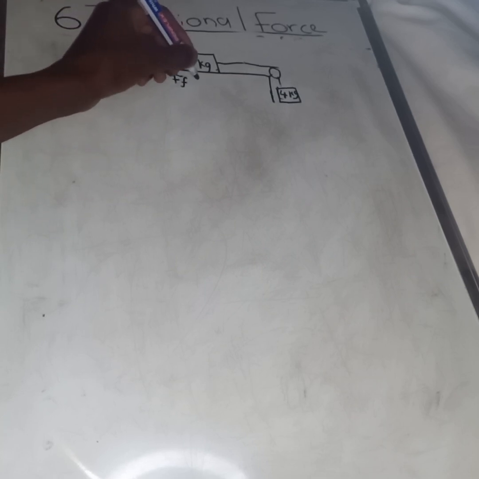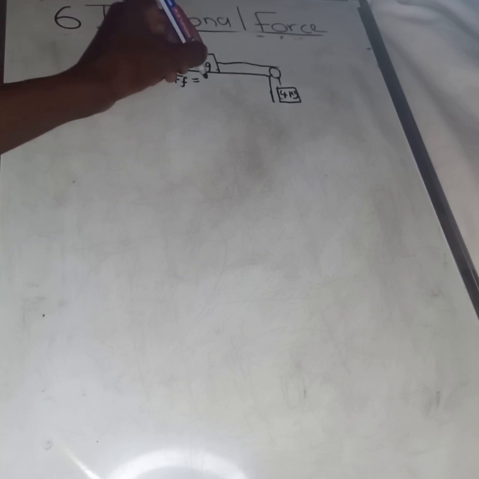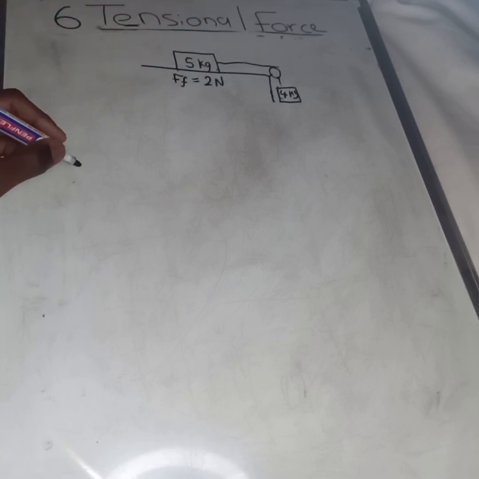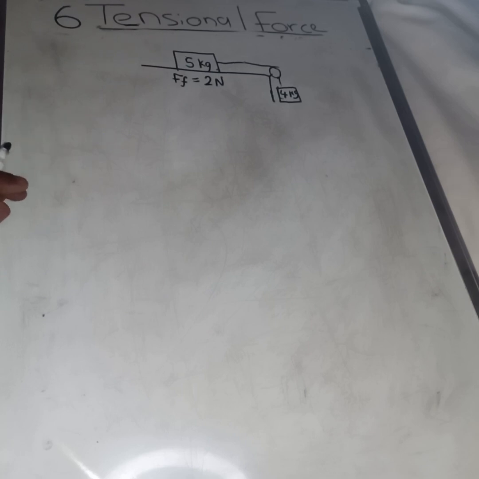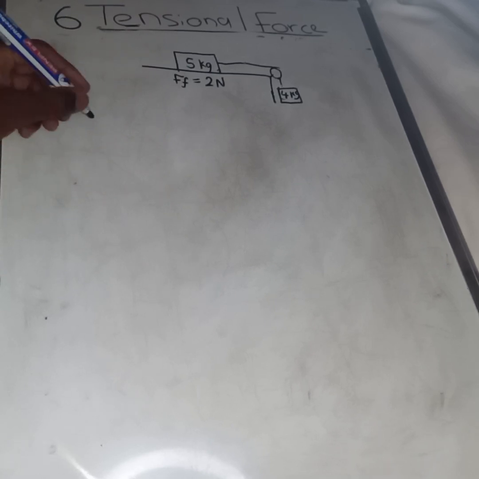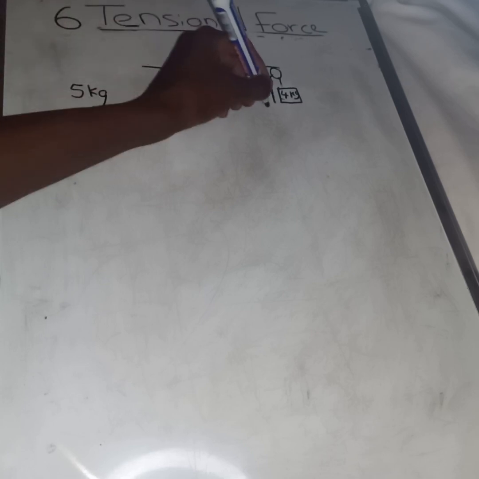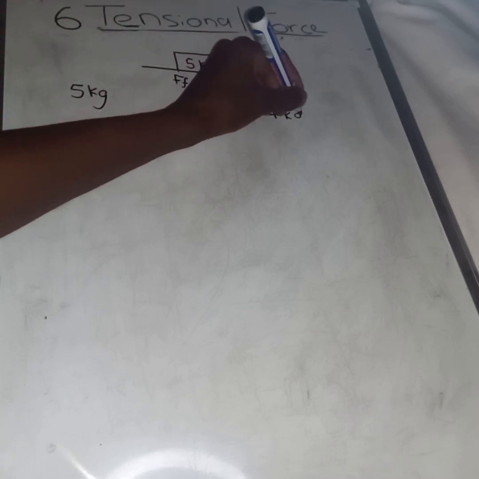So the surface exerts a frictional force of 2 Newton on the 5 kg block. So how to calculate tension? We have a 5 kilogram block, and also we have a 4 kilogram block.